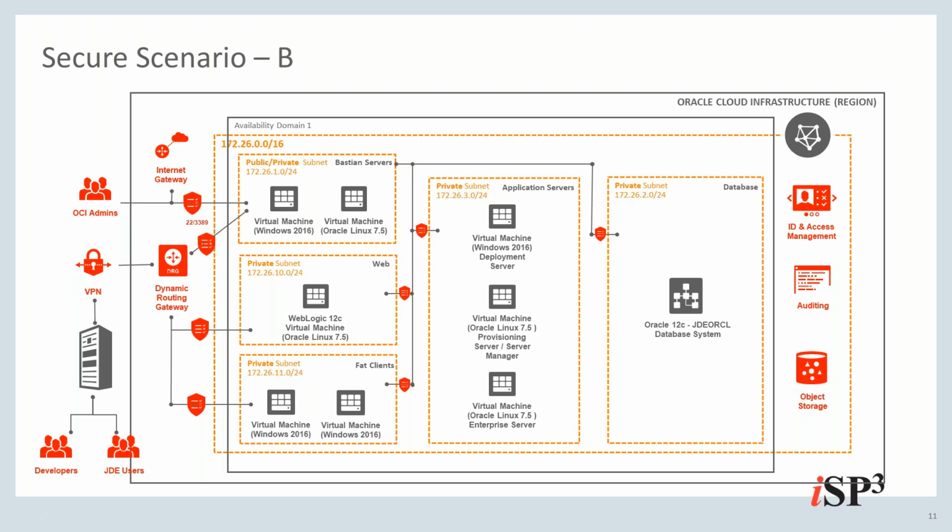You create your own VPN tunnel, an IPsec tunnel, to the cloud. Once you create the tunnel from your data center, you can access the private IP addresses of all these instances running on the cloud.